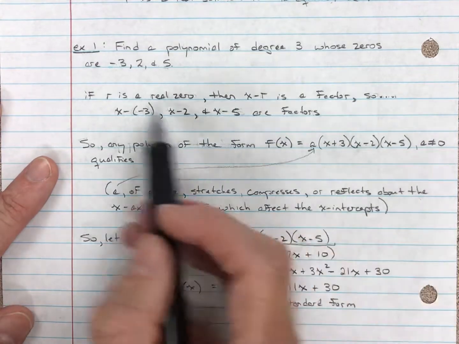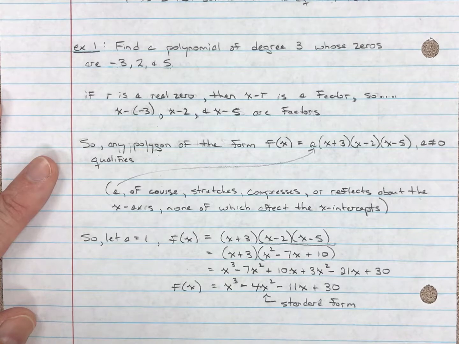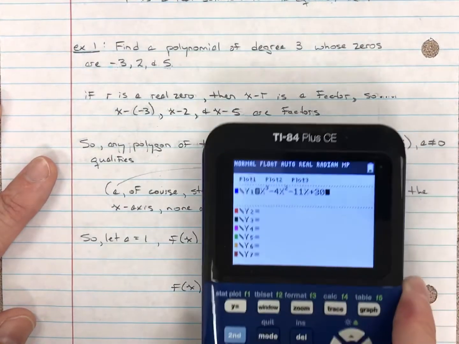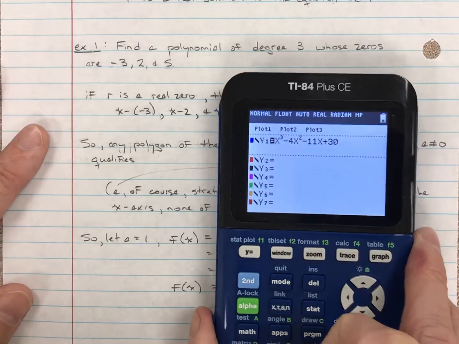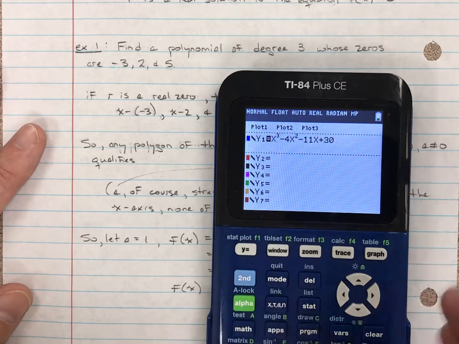We know that negative 3, 2, and 5 should be zeros. So let's put this in the calculator. I'm going to put my calculator off to the side for a second and put it in there so I can see it, and then I'll put it on top. x cubed minus, whoops, made a mistake there, minus 4x squared minus 11x plus 30. So here I have y equals x cubed minus 4x squared minus 11x plus 30.